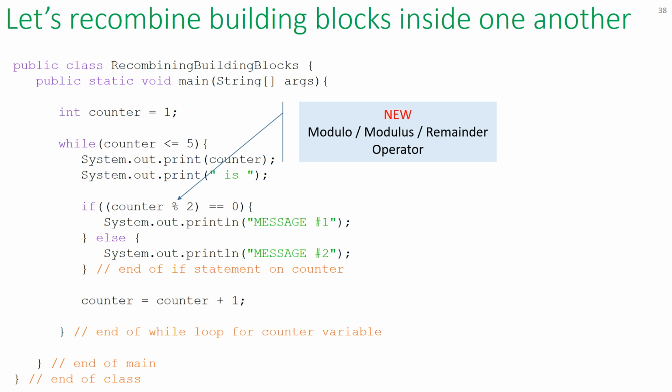But these are my three pieces for the while building block, right? The counter control loop, more specifically. The counter initialization, testing the counter every time, and then before the end of the loop, moving the counter, incrementing or decrementing, so that eventually this condition becomes false. And then inside of here, this is a composite building block: call a method, and then an if statement.